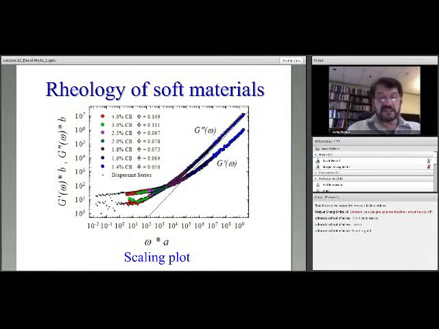At high frequencies, you see there's a crossover, and eventually the loss modulus dominates, and that's this part here. The loss modulus is larger than the storage modulus, which implies that at high frequencies, the fluid-like behavior of the material dominates. And you can understand this in a very simple way.